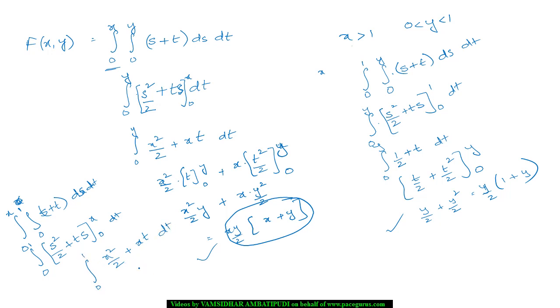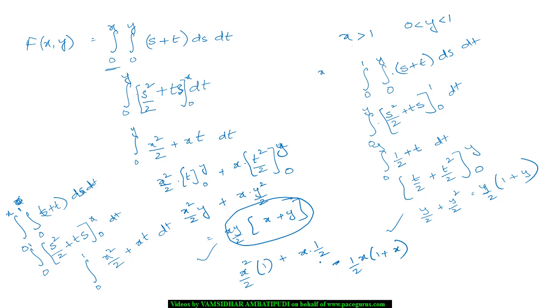The other way now, because I am integrating with respect to t, it would be x squared by 2 times t, where t is between 1 and 0, so it is 1. Then x times t squared by 2, again between 1 and 0, becomes 1 by 2. So x squared by 2 plus x by 2. So it is becoming 1 by 2 x into 1 plus x.